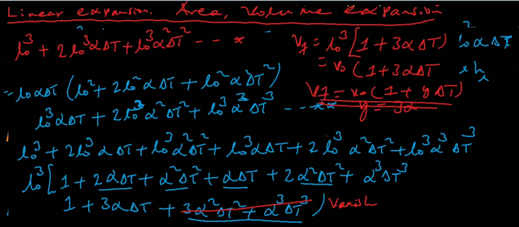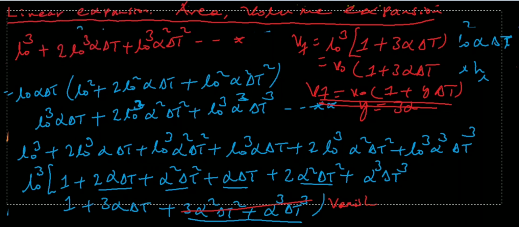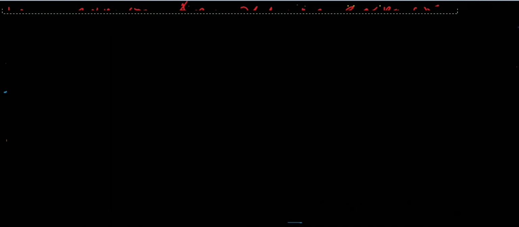On the other hand, let's see now the volume expansion and area expansion. We get the formulas for how to calculate. So generally we can put them as the general formula.